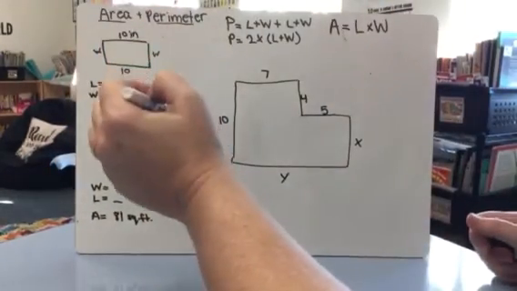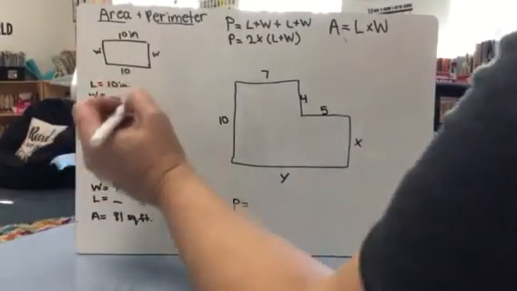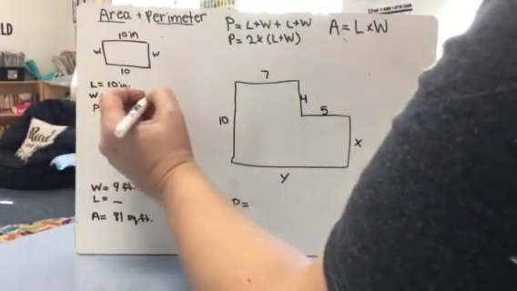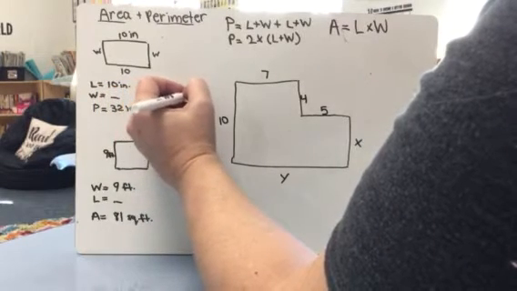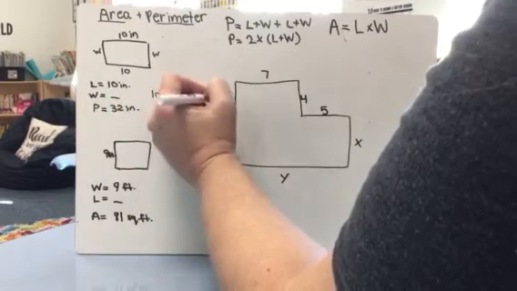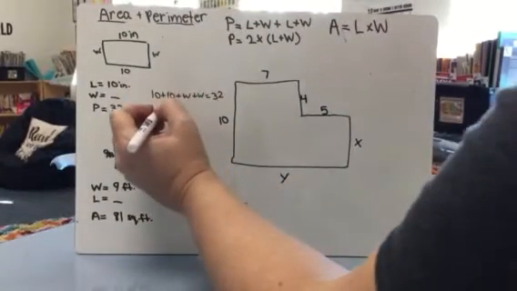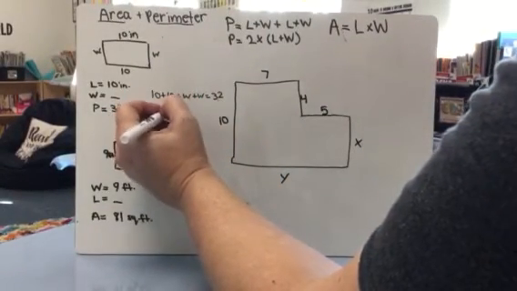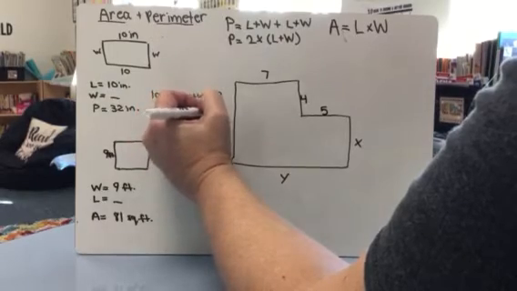So if I know that I need to add all these up, I'm going to end up with 10 plus 10 plus W has to equal 32. Well, I know that 10 plus 10 is 20, plus W equals 32.